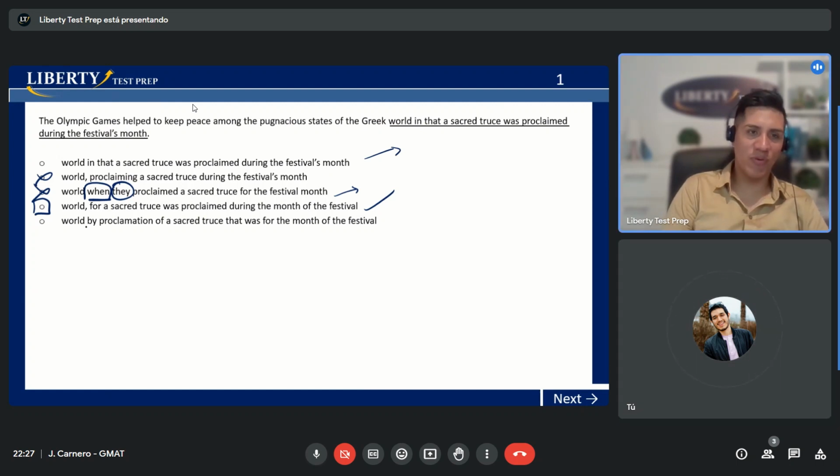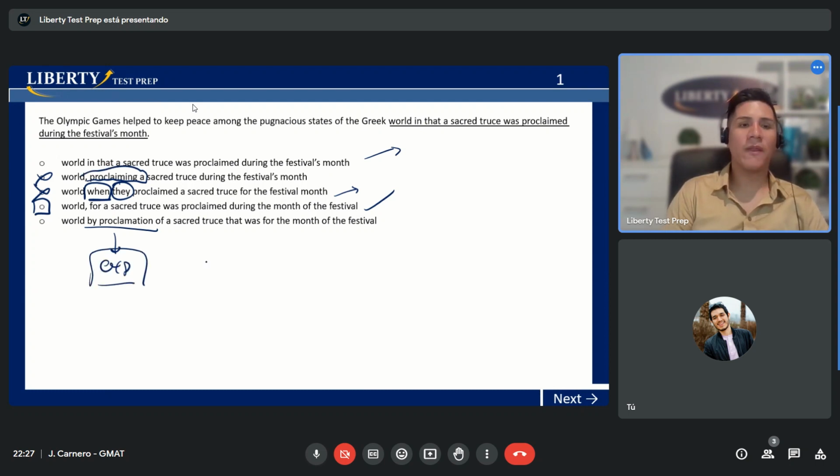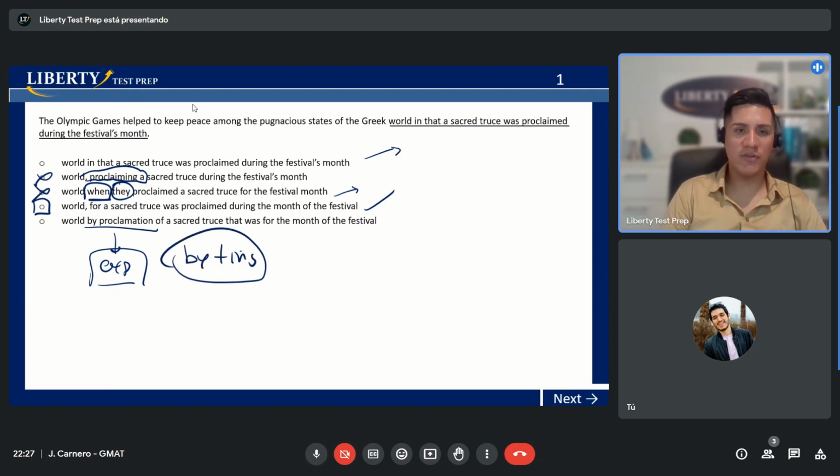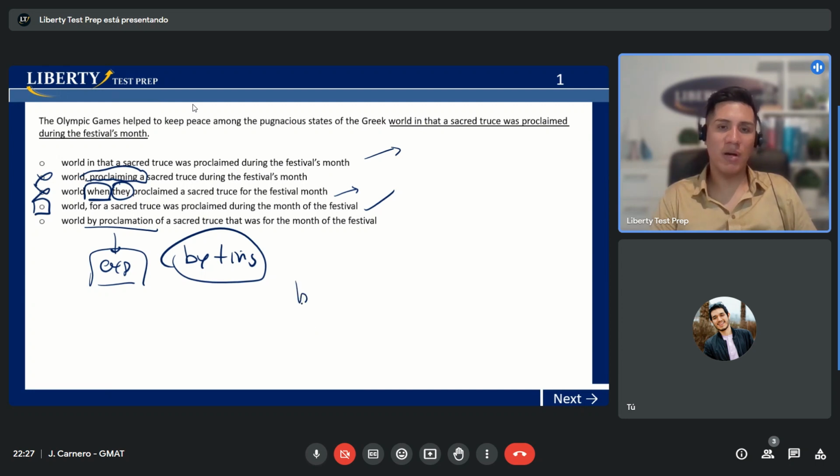But proclamation is wrong, right? Because what are they trying to say? They're trying to use this just as they use in letter B, to give you an explanation about how it is performed. They could achieve that by doing by plus ing. By plus ing would be giving you an explanation of how also, all right? But by plus a noun doesn't have that function. When you have by plus a noun, you have other functions, right?